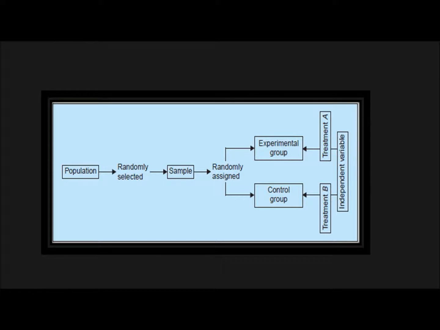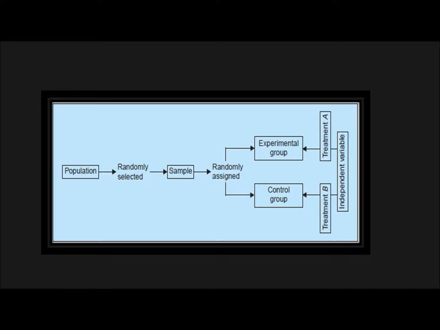So when you put it all together, you begin with your population. Random selection is associated with selecting participants for the study from the population. Once they are randomly selected, you have your sample. From your sample, the participants are randomly assigned either to the experiment group or the control group.